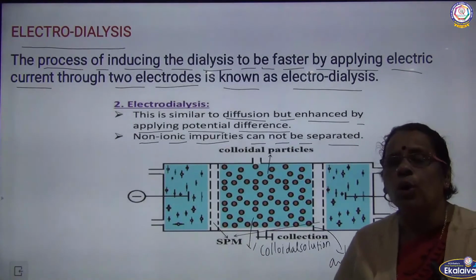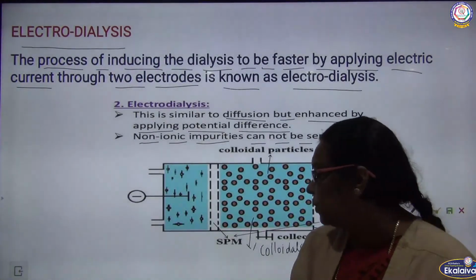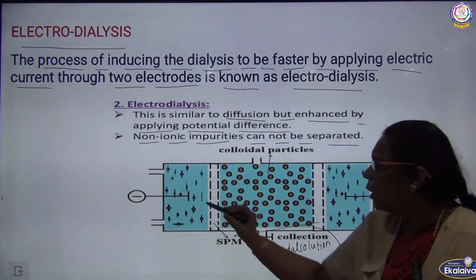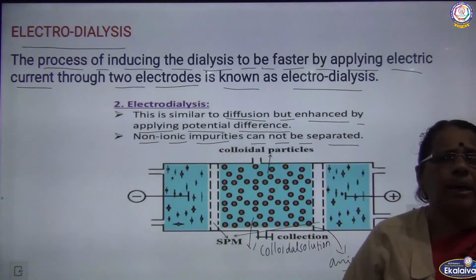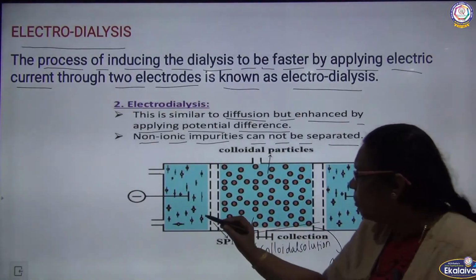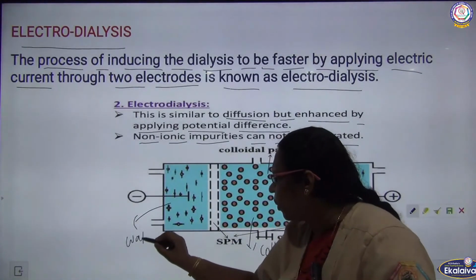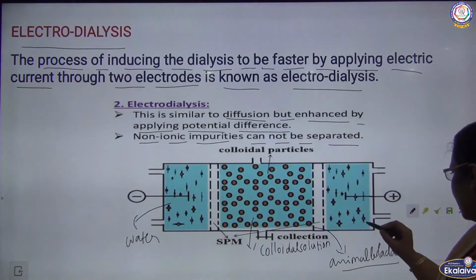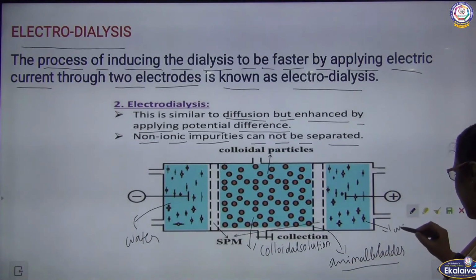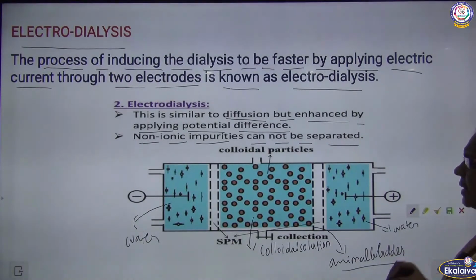It will allow only one type of particles to pass through. The colloidal solution I have taken here, and two metal electrodes are kept immersed in the dispersion medium. On both sides the dispersion medium is there, water. On both sides I have taken water which acts as a dispersion medium, because my colloidal solution contains charged particles.